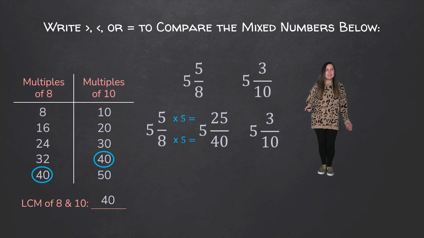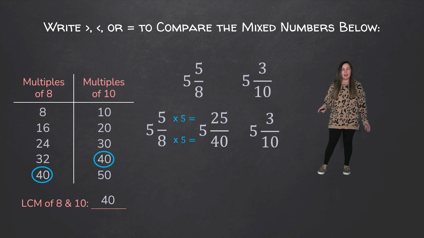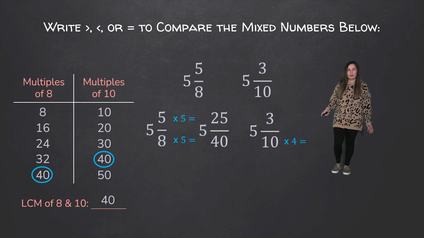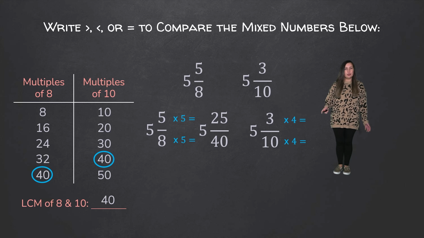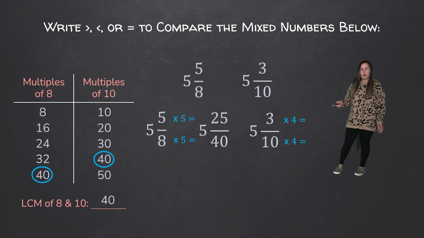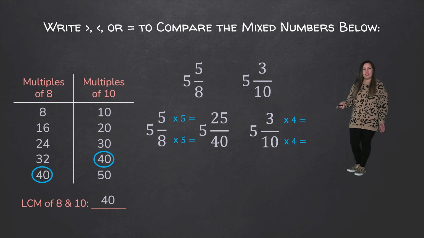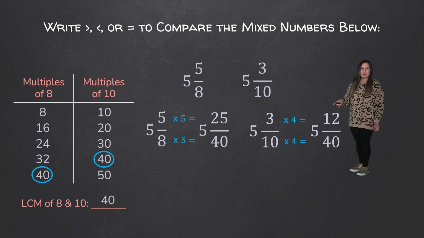Then we take 5 and 3 over 10, and we rewrite it. In order to get a denominator of 40, we have to multiply 10 by 4. Whatever we do to the denominator, we have to do to the numerator as well. So the whole number stays the same, which is just 5, but 3 times 4 is equal to 12, and 10 times 4 is equal to 40. So 5 and 3 over 10 is equal to 5 and 12 over 40.